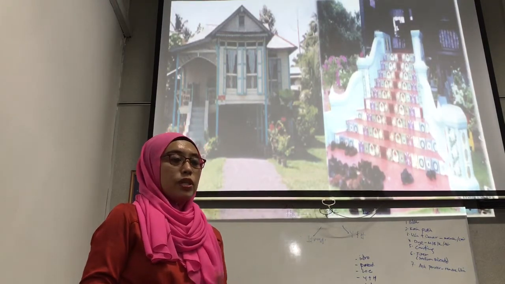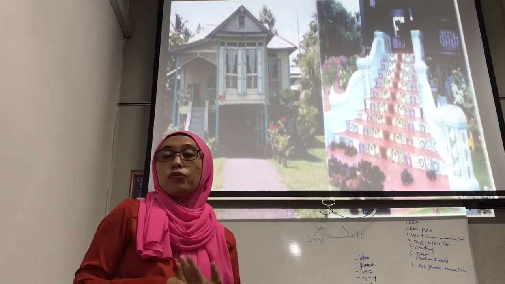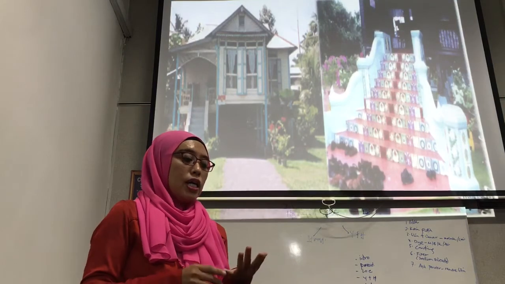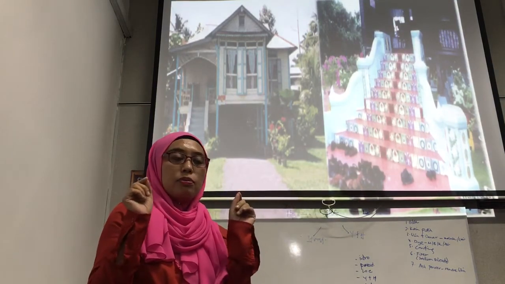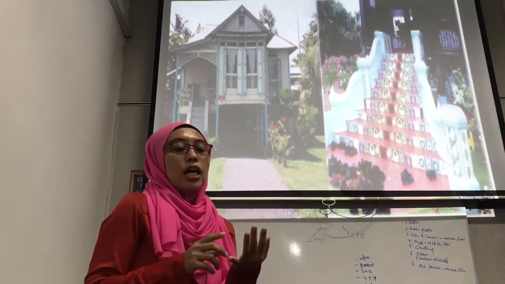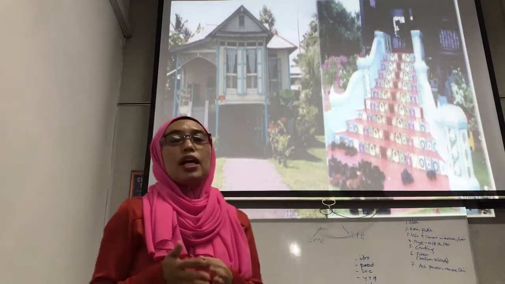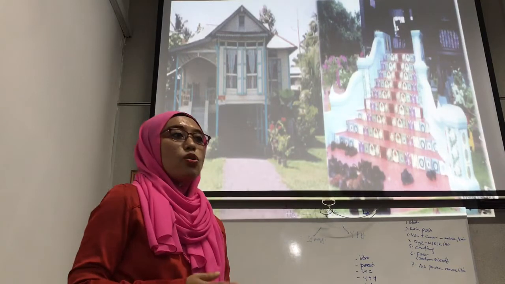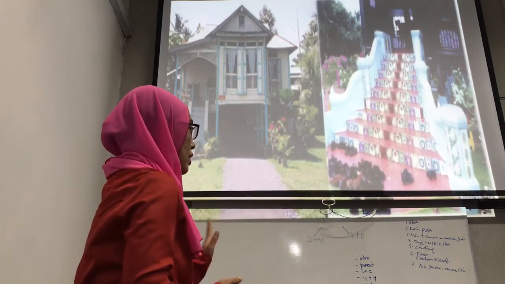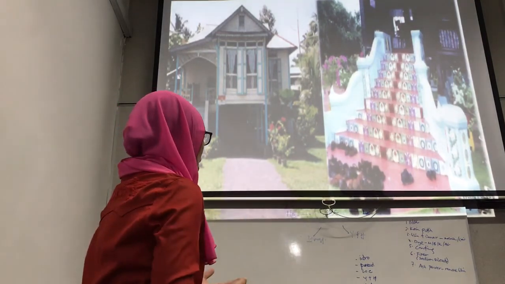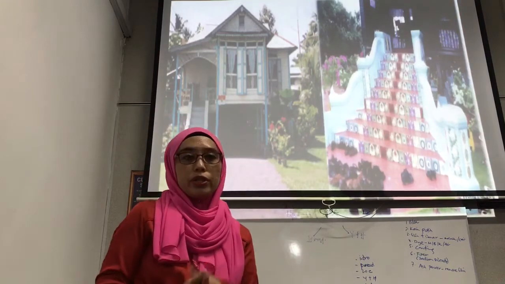Such as for the roof, we have many types of roof, or we call bumbung in Bahasa Melayu: bumbung panjang, bumbung limas, or bumbung Minangkabau. For the walls, they can choose bamboo or wood.